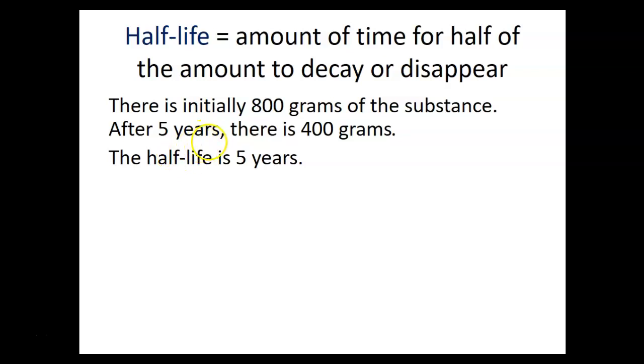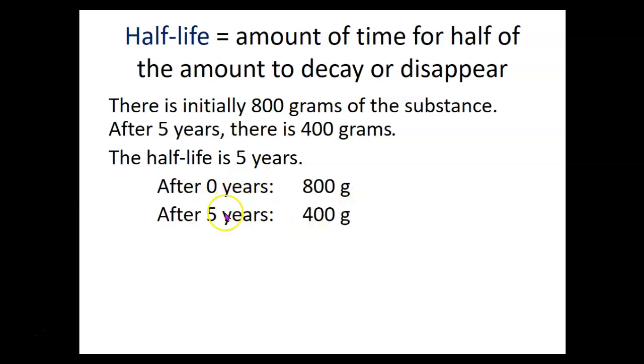So the half-life is 5 years, which means that with each 5 years that go by, half of the substance decays or disappears. We have half of it remaining. So after 0 years, to start with, we had 800 grams.